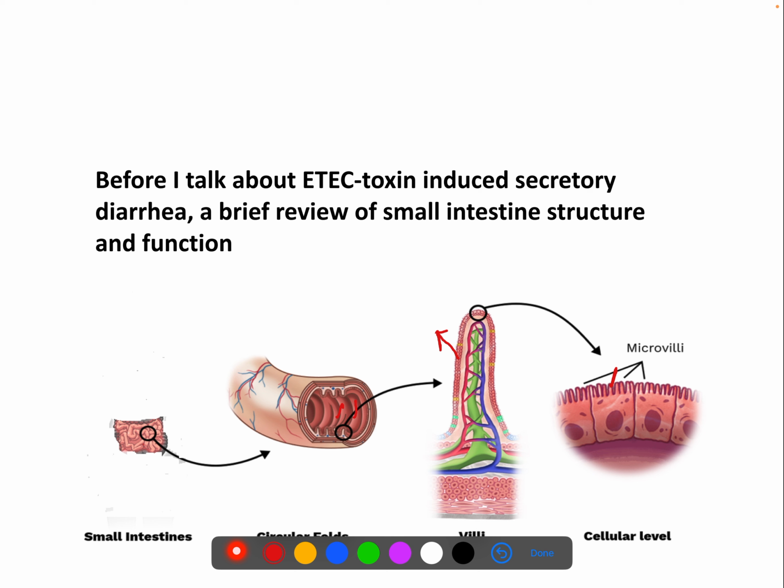And these microvilli form the brush border, and this is the brush border. It is in this place that electrolyte and water absorption normally occur. This is critical because ETEC does not destroy this structure. Instead, it hijacks normal transport mechanisms, converting absorption into secretion.